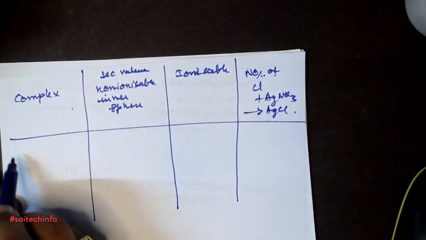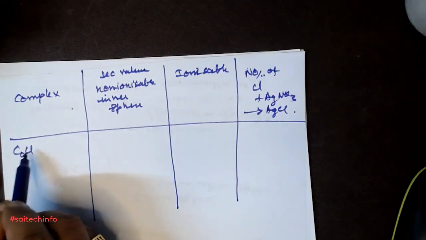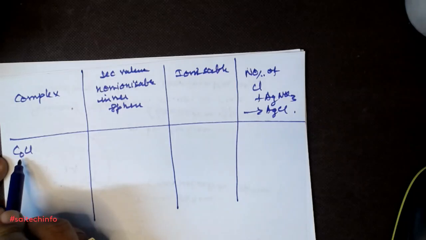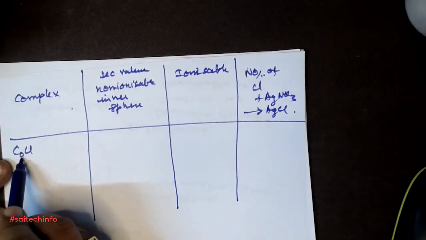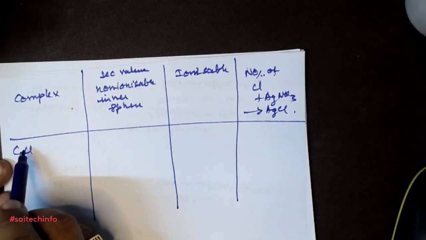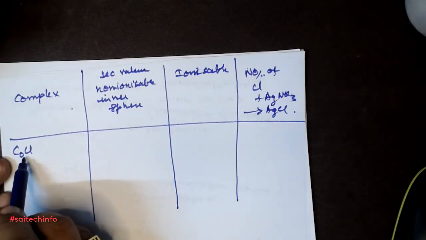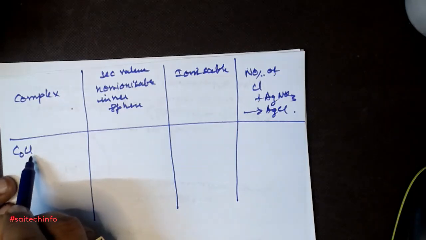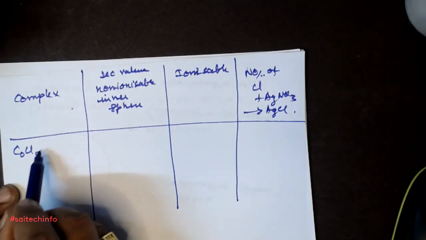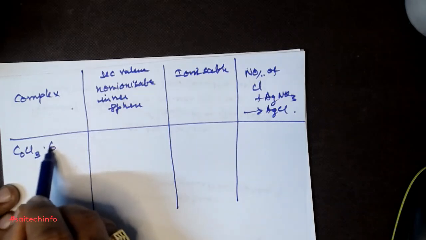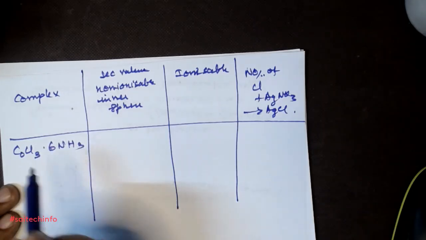Now let me take the first complex, CoCl3. Cobalt is C and small letter o. You should not write capital O, because that becomes carbon monoxide. So Co means cobalt: cobalt trichloride with 6 ammonia molecules.